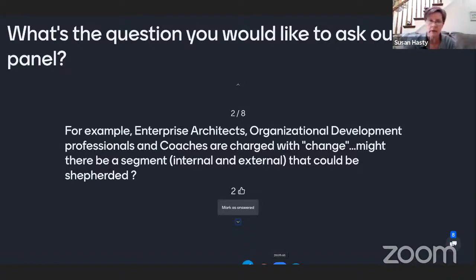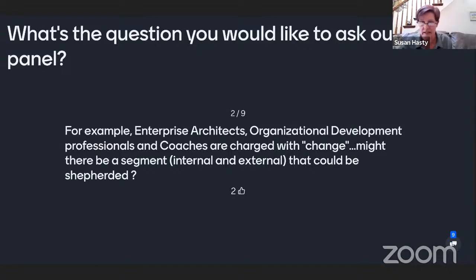That was my question, and my impression, which has been verified by this conversation, is that those people who are most embedded in the status quo are not likely going to be the ones who accept the radical paradigm shift. So, is there a segment that we could possibly shepherd to actually start cooperating together?